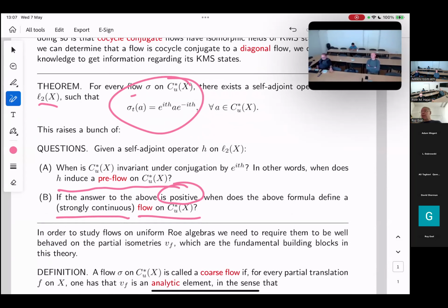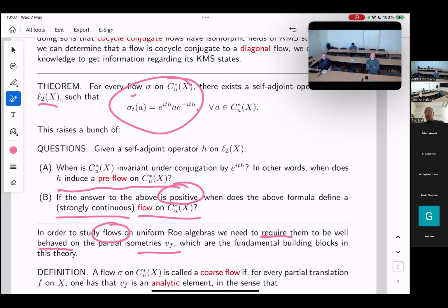So we have been trying to study by lowering the bar and looking at special cases of this question. If you're talking about a flow on a uniform row algebra, in order to be able to say something, we must require them to be well behaved on the partial isometries VF. The partial isometries VF are, of course, very closely related to the basis.